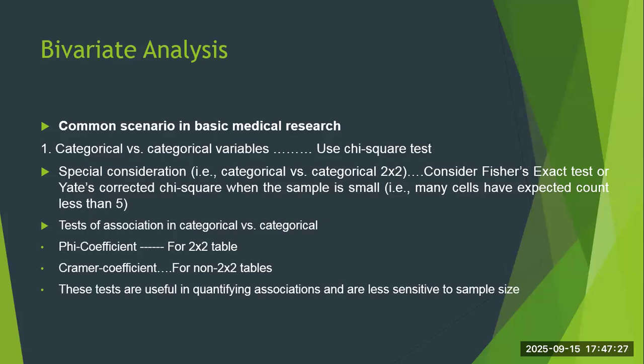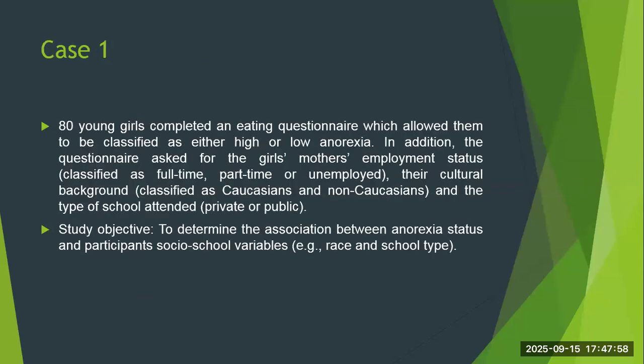For a 2 by 2 table, phi; for a non 2 by 2 table, Cramer's V. Whatever value it gives you can tell you what quantity of the dependent variable is explained by the independent variable. I'll come to that, maybe in a practical class, I should be able to demonstrate that for you. So these two tests are useful in quantifying association, and they are less likely to be affected by sample size. Chi-square value is affected by sample size, but if you quantify using phi or Cramer's V, they tend to be less sensitive to sample size.